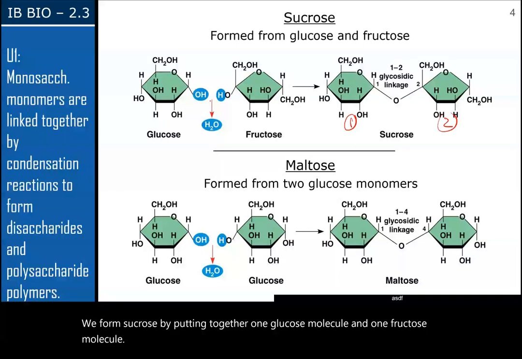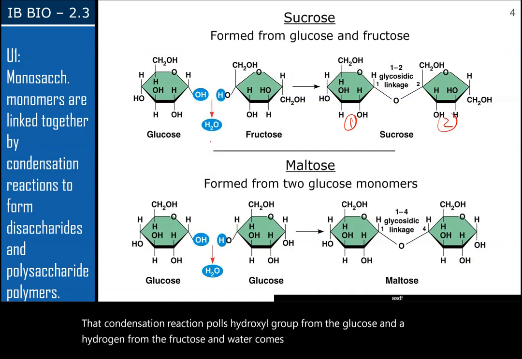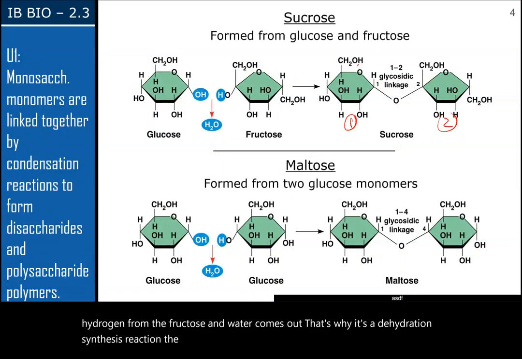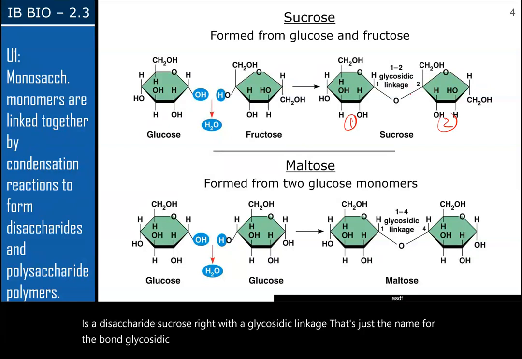That condensation reaction pulls a hydroxyl group from the glucose and a hydrogen from the fructose, and water comes out. That's why it's a dehydration synthesis reaction. The result is a disaccharide, sucrose, right, with a glycosidic linkage. That's just the name for the bond, glycosidic linkage. Sucrose is table sugar.